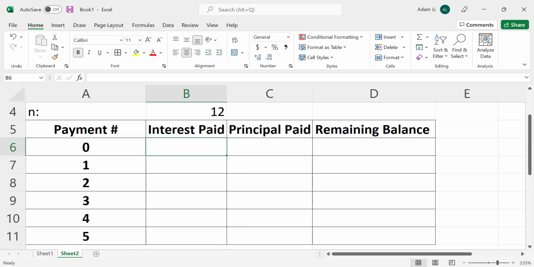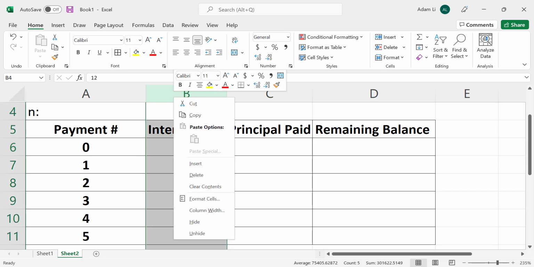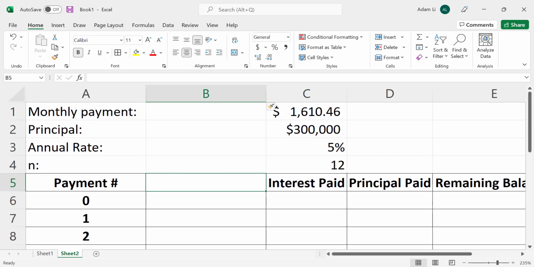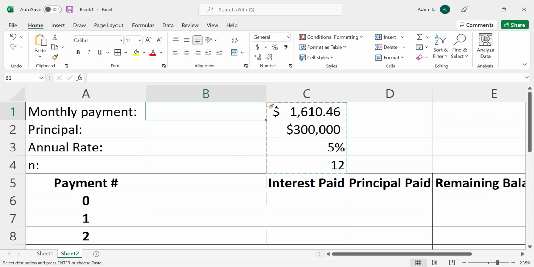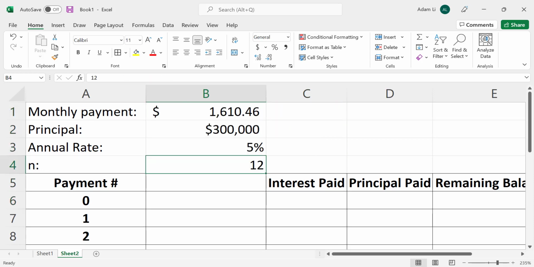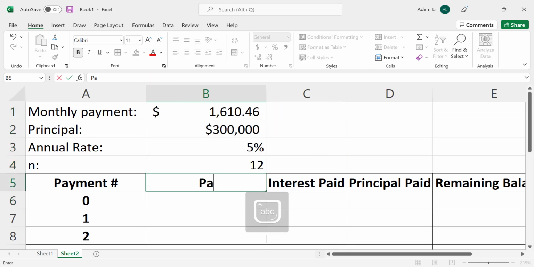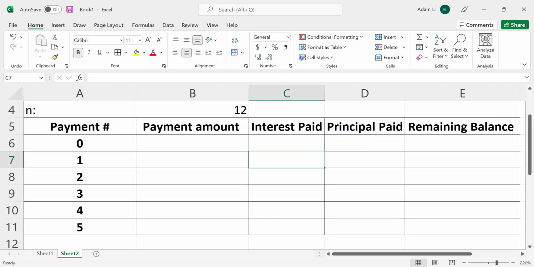First of all, let's find out the... So missing one more thing, which I'm going to show you in a second. It's a payment amount. So the payment amount remains the same.